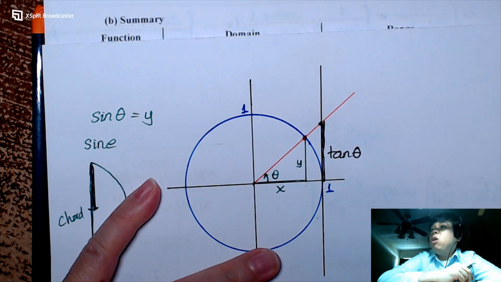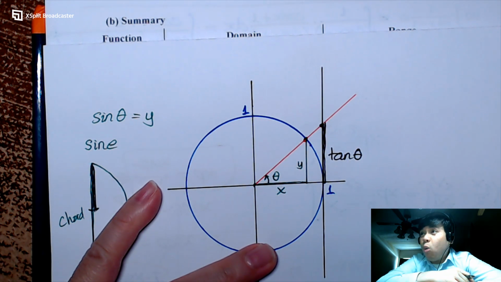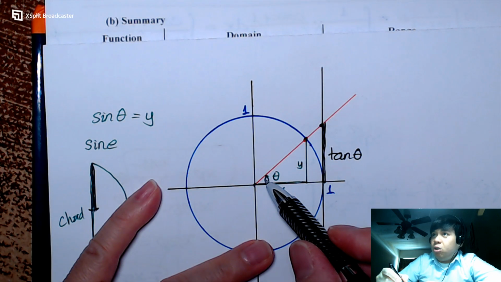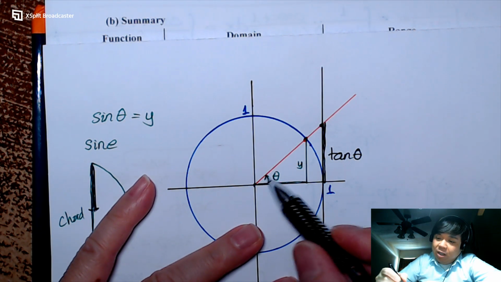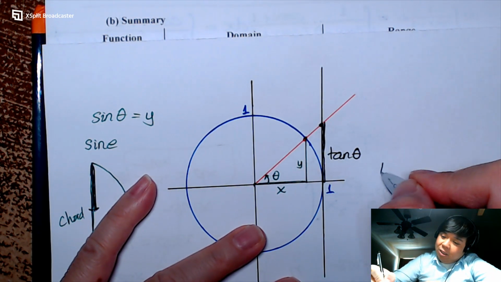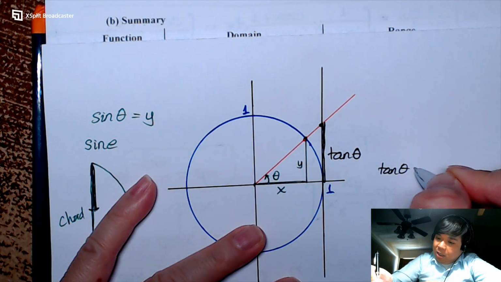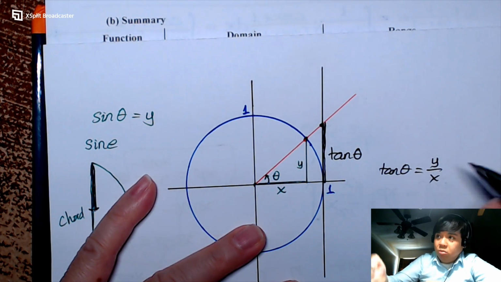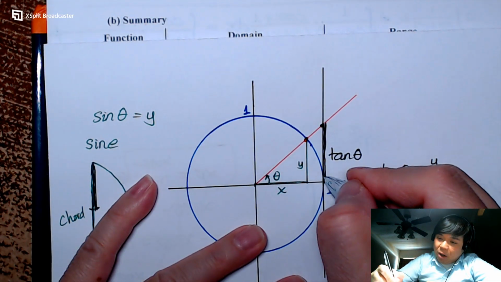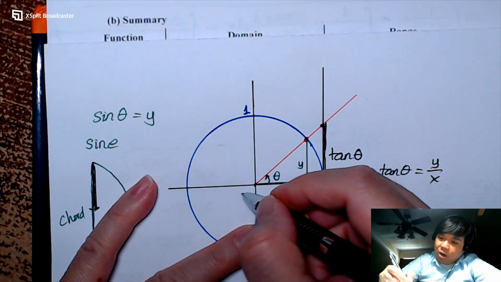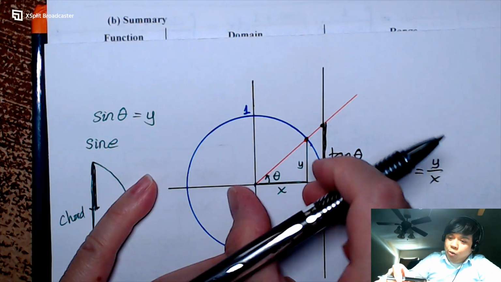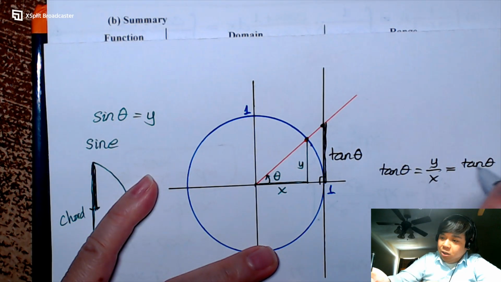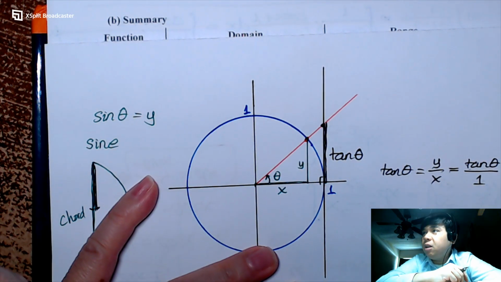Okay, if you're not sure why that is, well, tangent is opposite over adjacent, right? And also, if we talk about the big right triangle here, opposite over adjacent. So that's why it's tangent over 1.